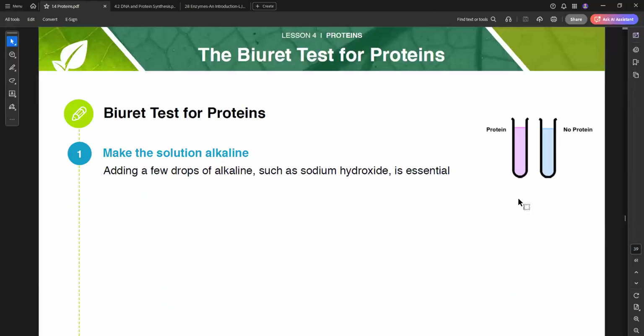Biuret test then. This is for your proteins. We helpfully have two test tube images on our right-hand side. We have the pink one, which is saying there's protein, and a blue one saying no protein. So these are the results we're looking for. And again, remember, when you're writing your answers, you want to say what the test is for, what conditions you're using, what reagents, so things that are reacting, and then what a positive and a negative result would look like.